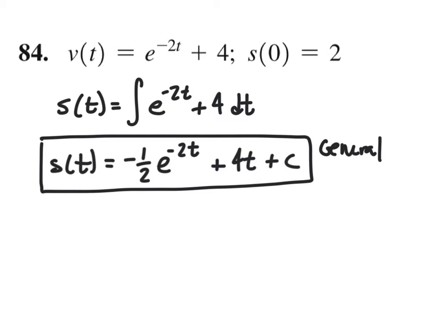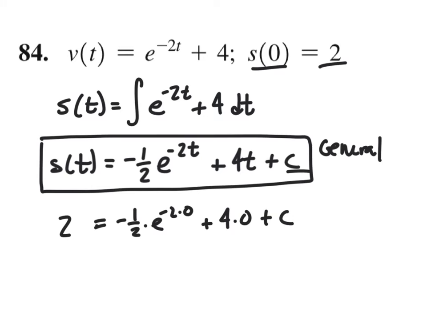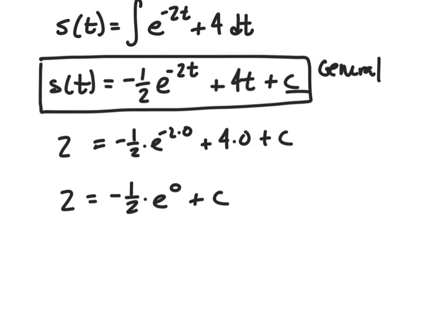And I want to use my initial condition to find out what c is. So I'm going to plug in 2 for my position and 0 for t, so I get 2 is equal to negative 1/2 times e to the negative 2 times 0 power plus 4 times 0 plus c. 4 times 0 just goes to 0. So I get 2 is equal to negative 1/2 times e to the 0 power plus c, and e to the 0 is just 1.